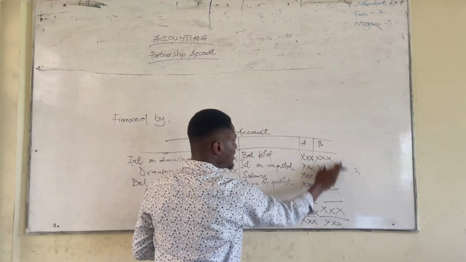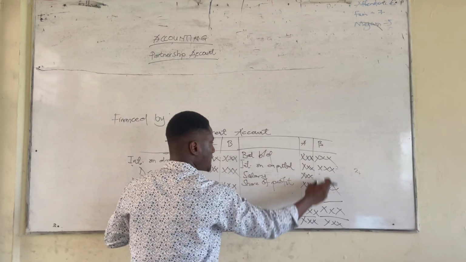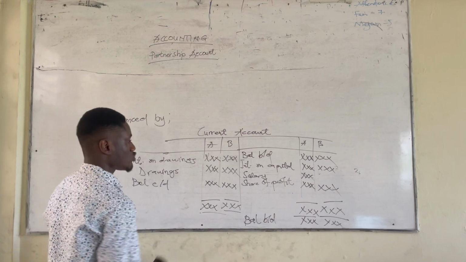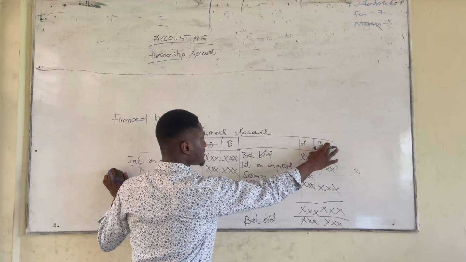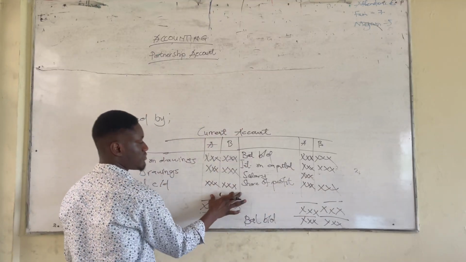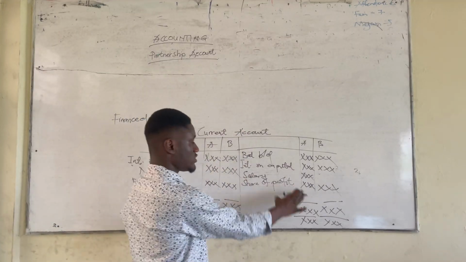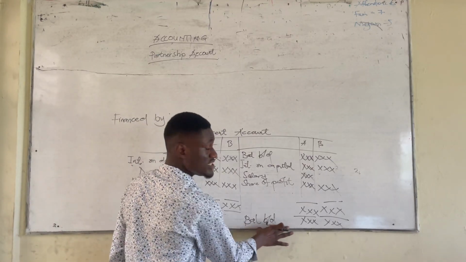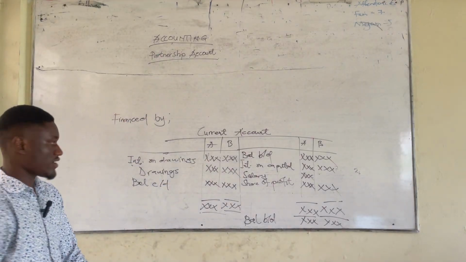So in the case where B's amount at the total at the credit side is less than the amount at the debit side, we are going to have B's balance CD here. Do you get it? Good. So we have to check that. So this balance BD that we've gotten here will come to the finance by.